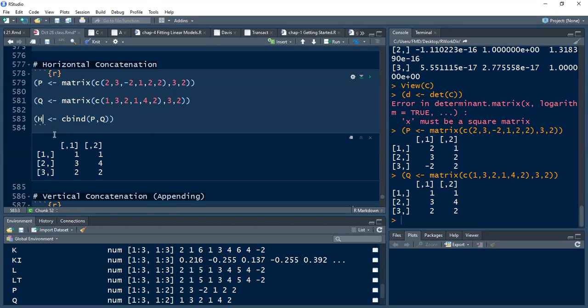Let's call it R. So we have a matrix R, and okay, see this one, guys? cbind. cbind means column bind, which means you're going to concatenate, you're going to connect or combine matrix P and matrix Q by column. So you have P first and then Q, you're going to connect Q here. Okay, so let's run this.